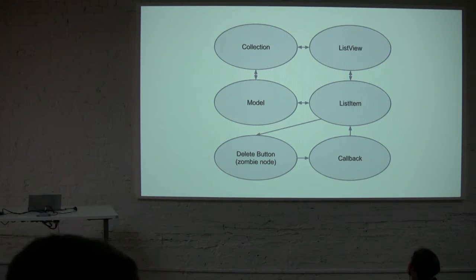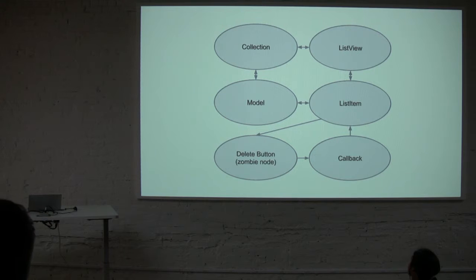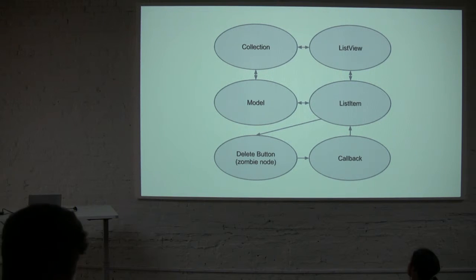So jQuery tries to combat at least part of this, at least the zombie node part, by doing something called an expando. So what it does is, and you can see this, there's this jQuery.data thing, just on the root jQuery object, and it's basically just an object. In JavaScript, all objects are key value pairs, and so the key is usually a randomly generated alphanumeric string.